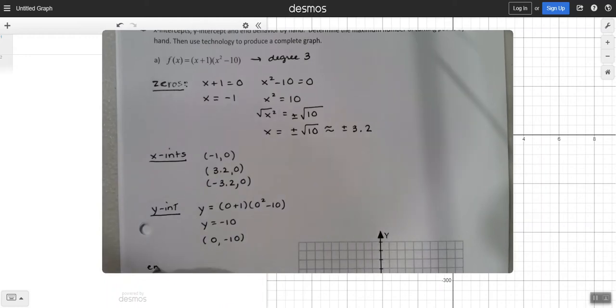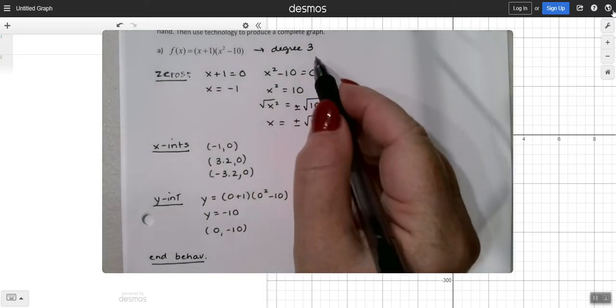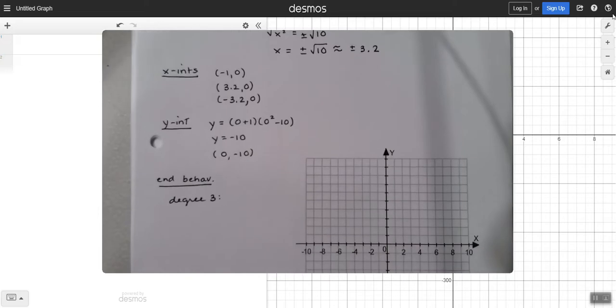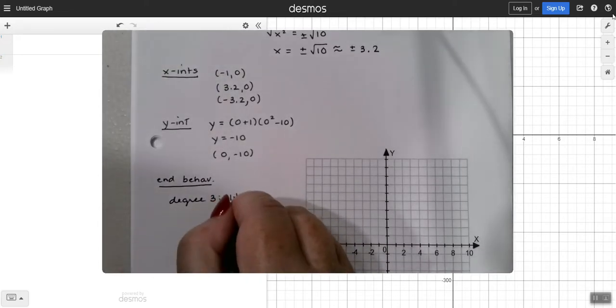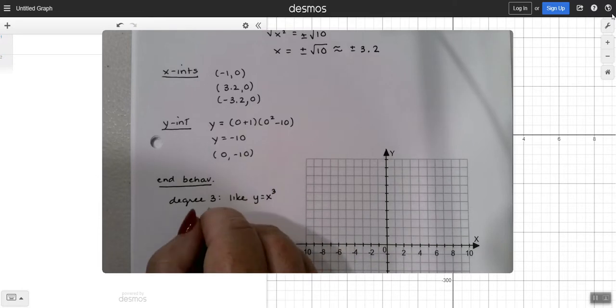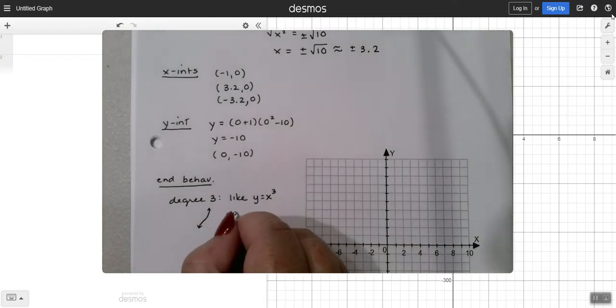My end behavior: we've already mentioned that this is going to be degree 3. So my end behavior is going to be like the y equals x cubed graph, which I know looks like this. So we're thinking down to the left, up to the right.